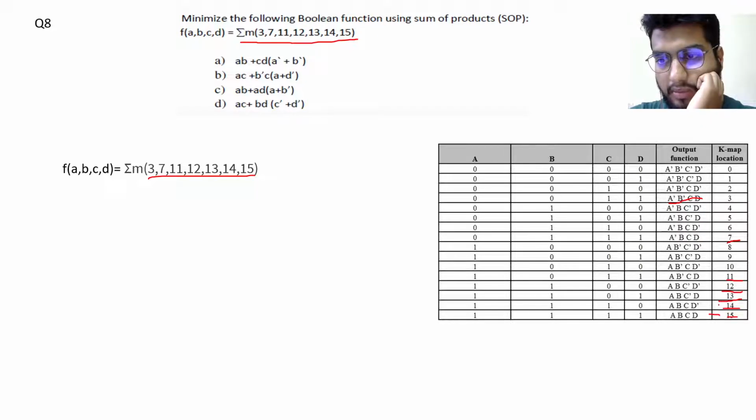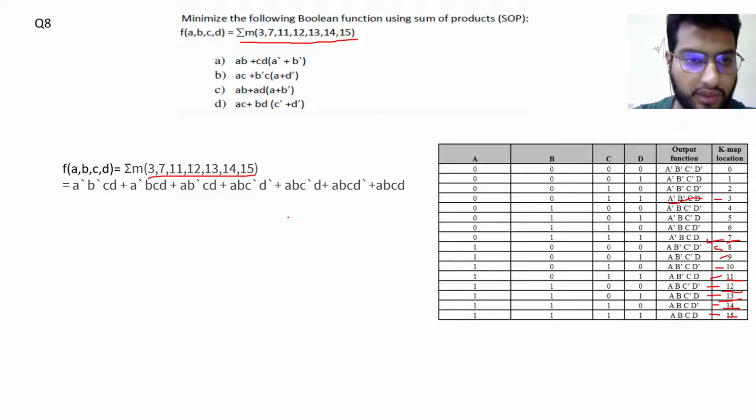So I will write up these terms. Writing up these terms, I get a complement b complement cd plus a complement b cd plus a b complement cd plus a b c complement d complement plus a b c complement d plus a b c d complement plus a b c d. You can just cross check them.